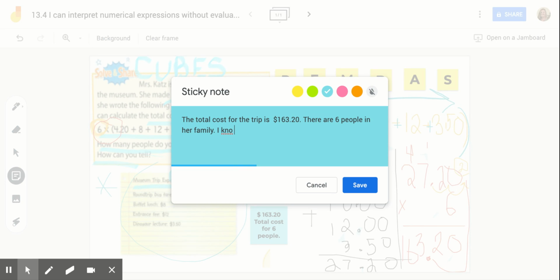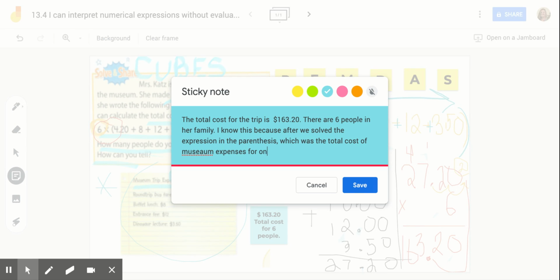I know this because after we solved the expression in the parentheses, which was the total cost of museum expenses for one person, I multiplied that total by 6, which was outside the parentheses.